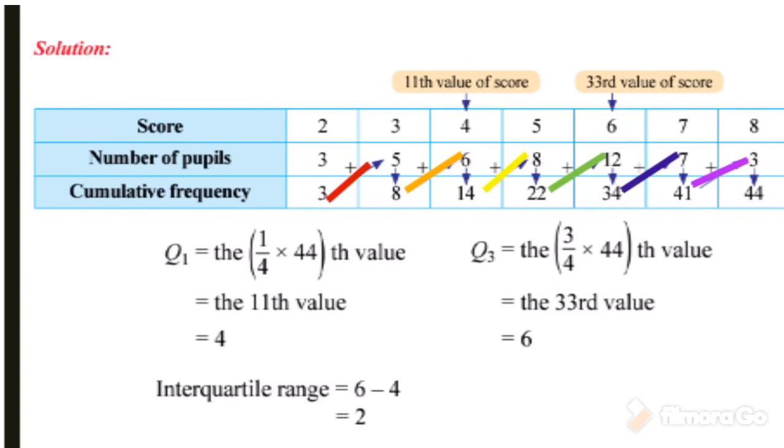The 33rd value of the score is actually 6, because from 23 onwards to 34 the score is 6. So Q3 is 6. The interquartile range is Q3 minus Q1, so it's 6 minus 4. So the answer is 2.